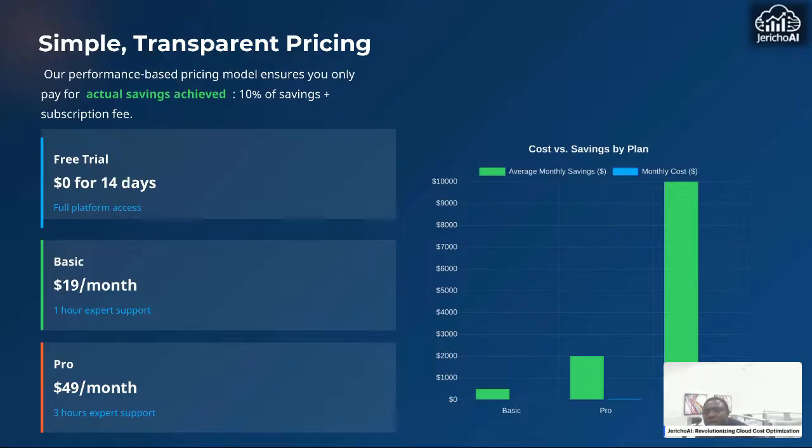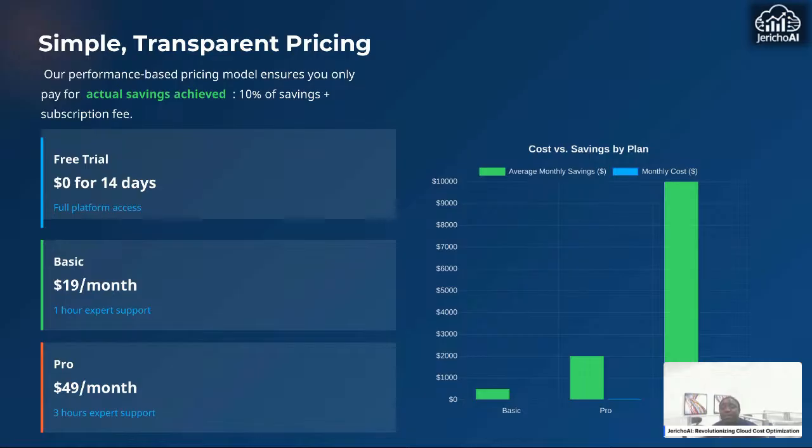And so it is simple, transparent pricing. If you look at Jericho, like I mentioned before, we have $0 for a 14-day trial. You can go and do a lot there. Just plug in your cloud account, and within hours, you begin to see what we are talking about. It's no joke. It's not a play. Just test and then give us a shout out.